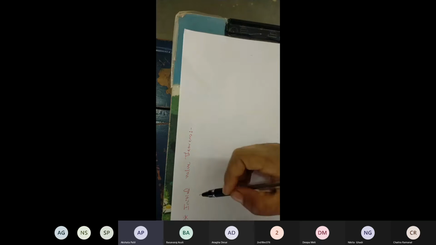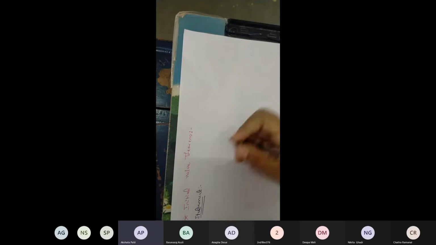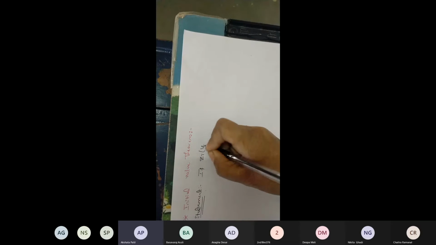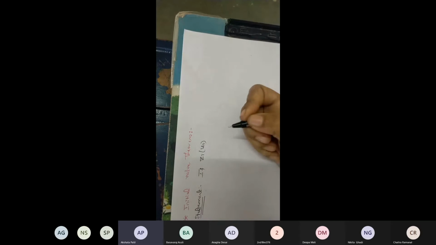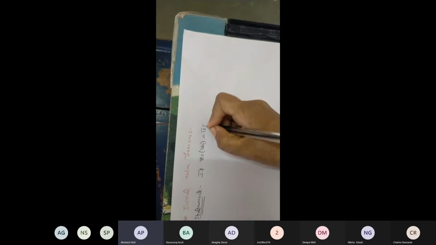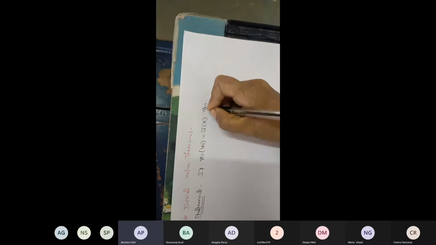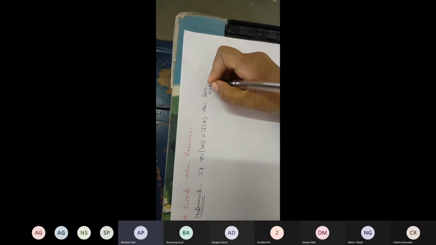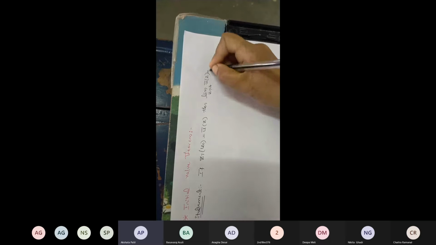Initial value theorem and final value theorem. Here the statement says: if z transform of un is equal to u bar of z, then limit z tends to infinity u bar of z is equal to u naught.